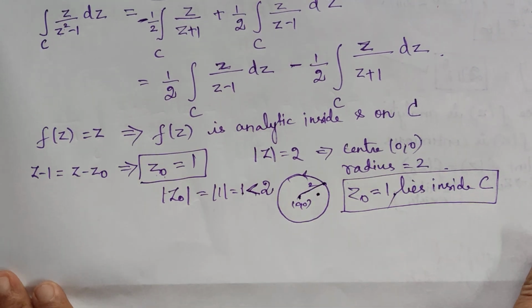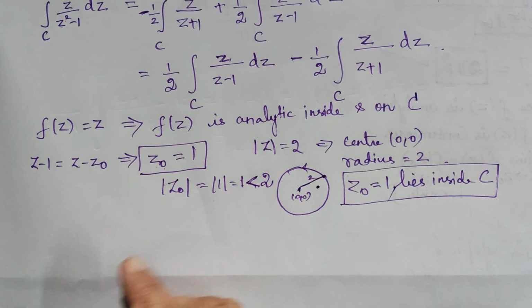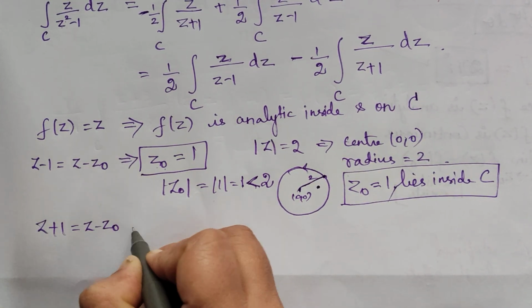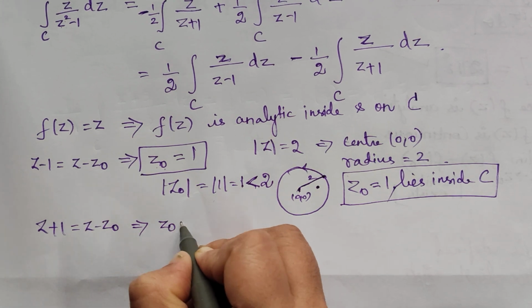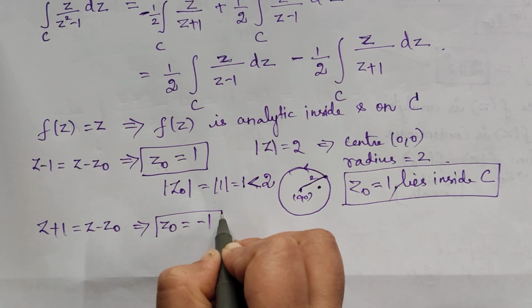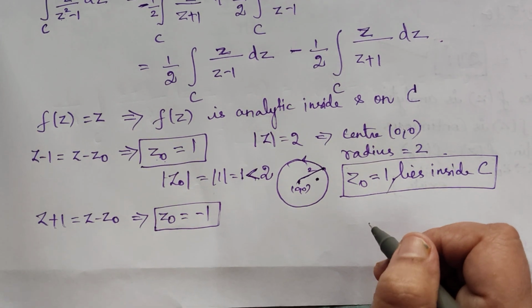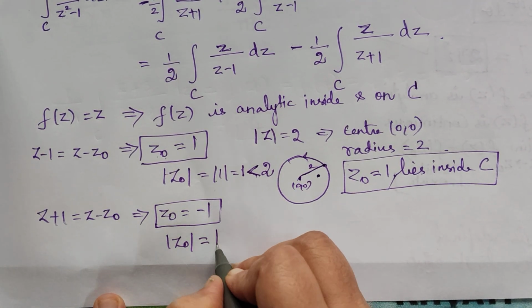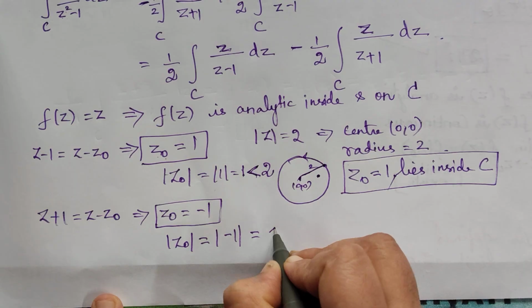Similarly, let us check for the second integral. z plus 1 is equal to z minus z naught. So on comparing, z naught is equal to minus 1. Now what is modulus of z naught? Modulus of minus 1 is equal to 1.